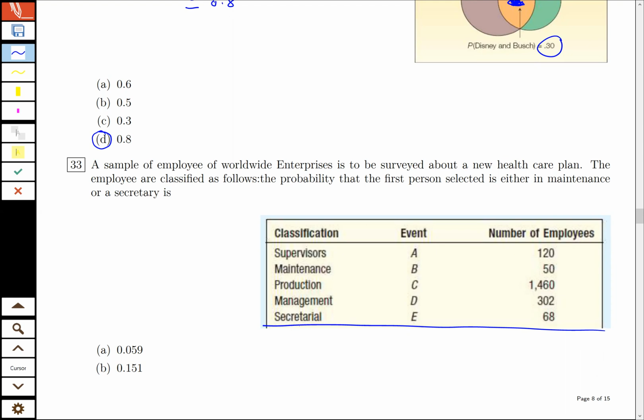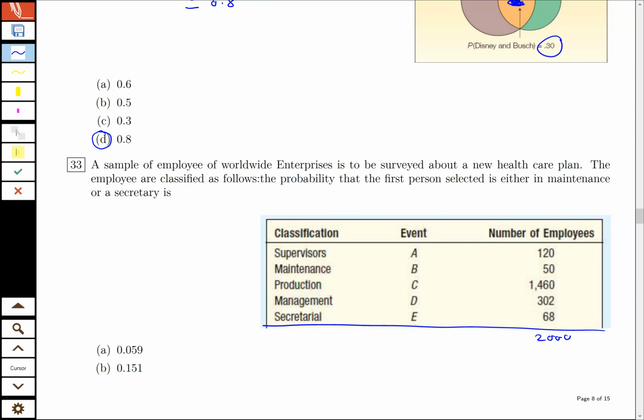Secretarial means the secretaries, we call them E, and we have 68. So first of all, we need to calculate the total number of employees. We add up 120 plus 50 plus 1,460 plus 302 plus 68. That is 2,000.